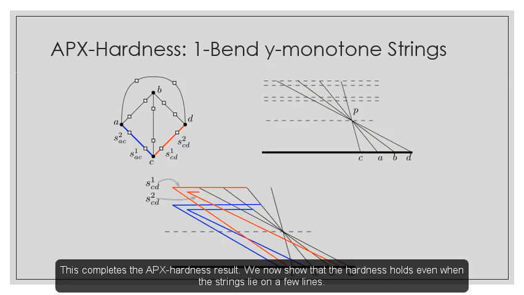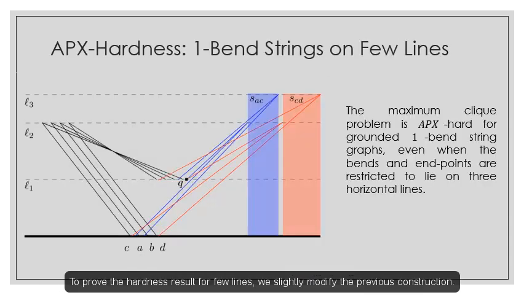We now show that the hardness holds even when the strings lie on a few lines. To prove the hardness result for few lines, we slightly modify the previous construction. We ensure that the bends and endpoints of the strings lie on at most 3 lines, L1, L2, and L3.